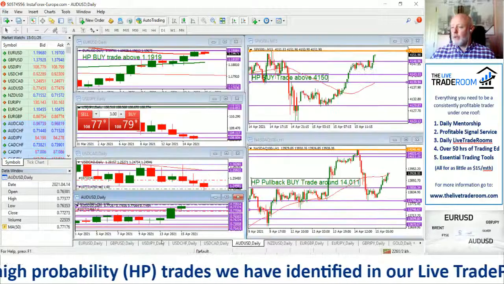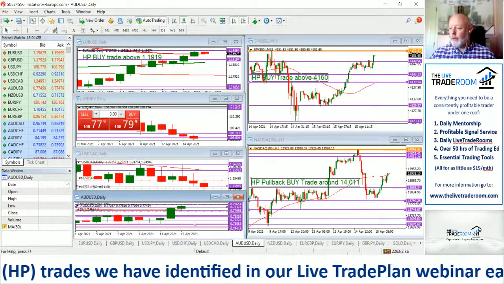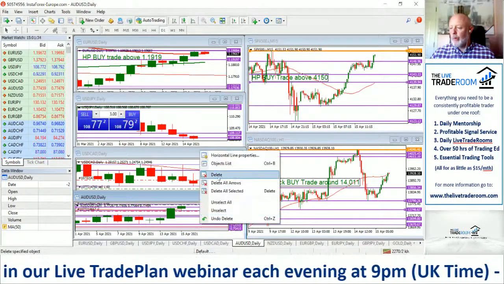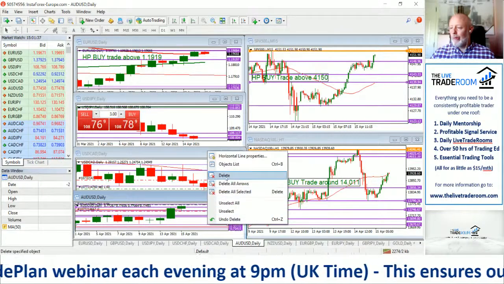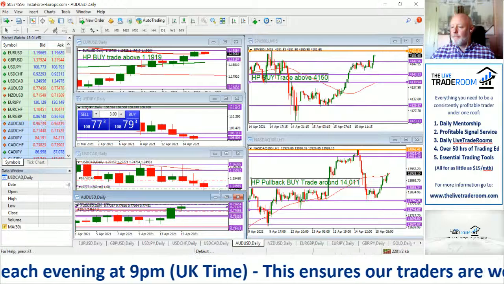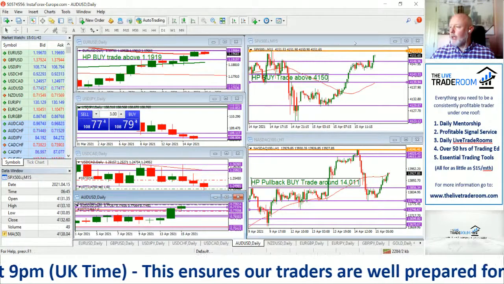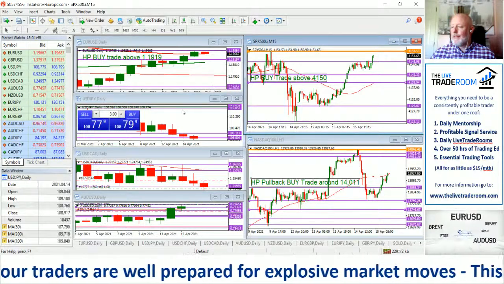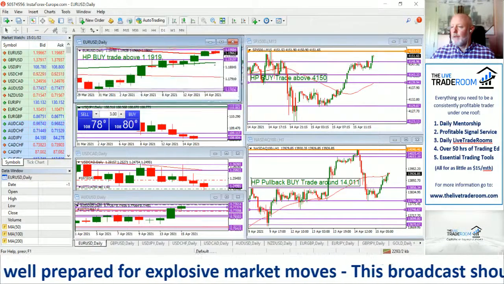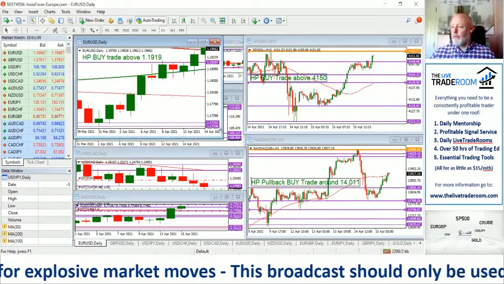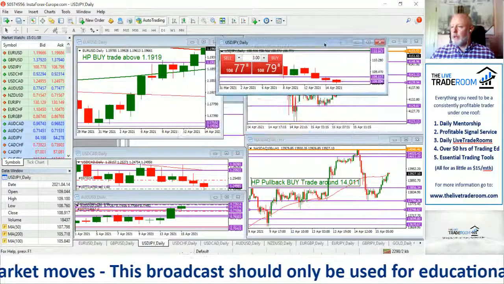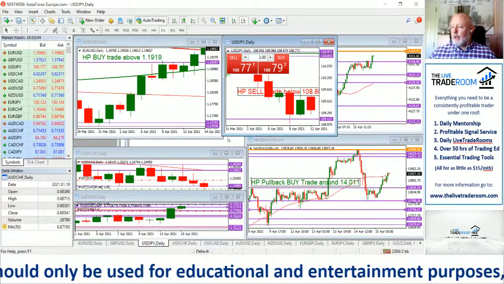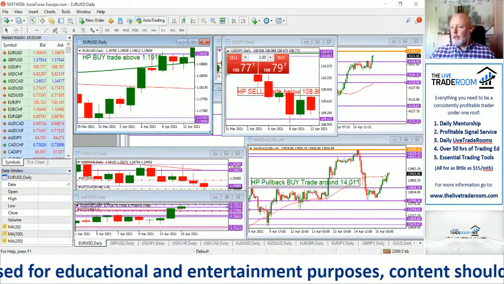Okay, we're just tidying this up a little bit. I'm going to put these into squares because they're much easier to work with.